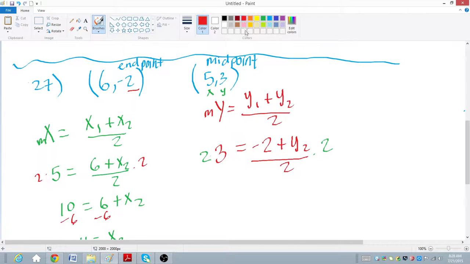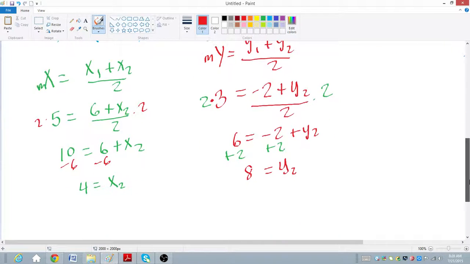Then I have 6 is equal to negative 2 plus y2. Then I'm going to add 2 to both sides, plus 2 here, plus 2 here. Your answer, y2 is equal to 8. So now you found the x and you found the y. Just plug it back into the point form: the x is 4, the y is 8. So this is the endpoint.